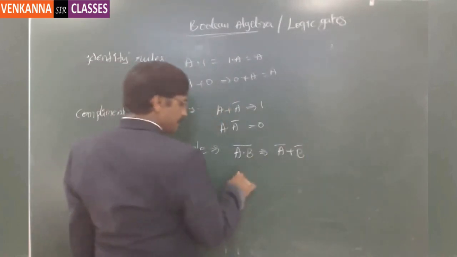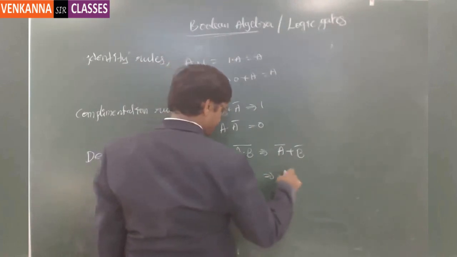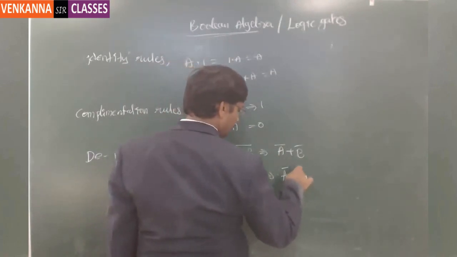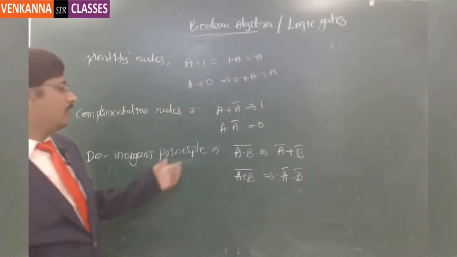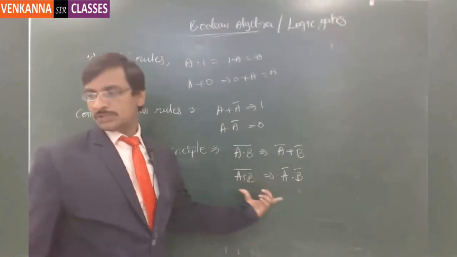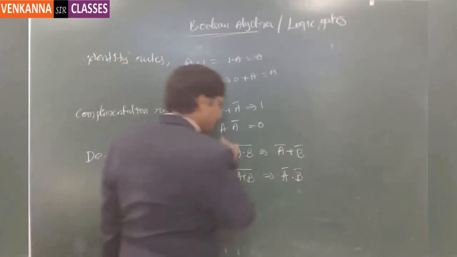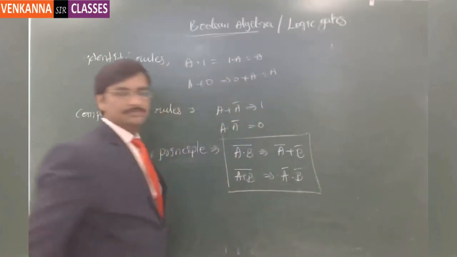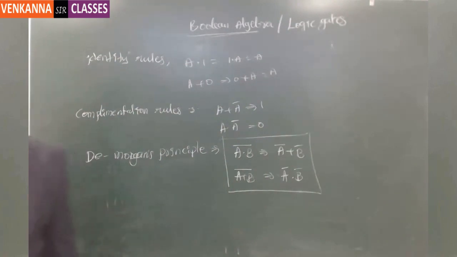And similarly, a plus b whole bar can be written as a bar dot b bar. So this is De Morgan's principle. This is a very highly used principle actually. Most of the simplifications will be done with the help of De Morgan's principle. Got it? Any questions on this?